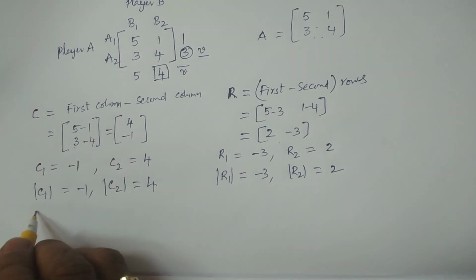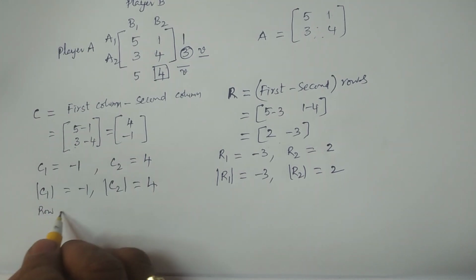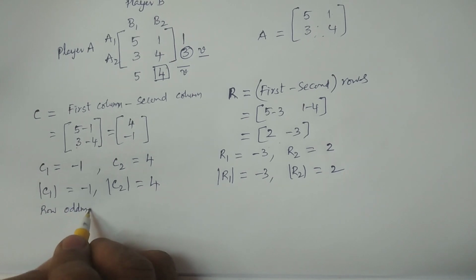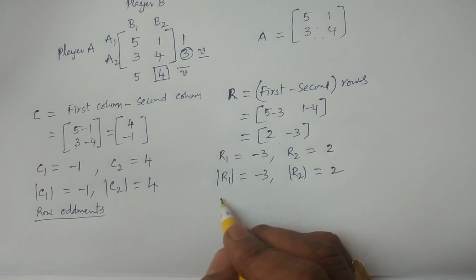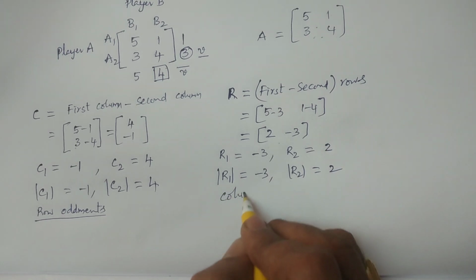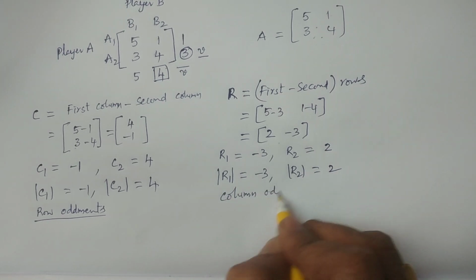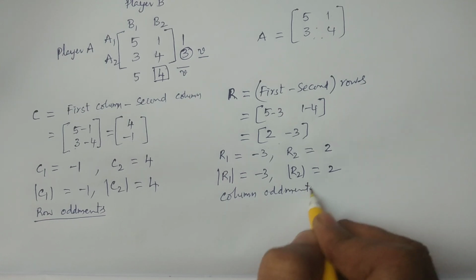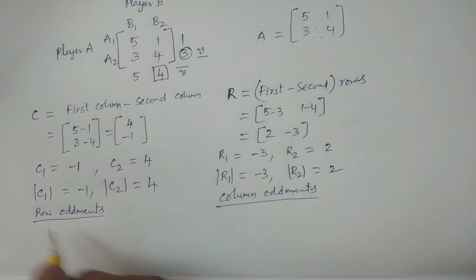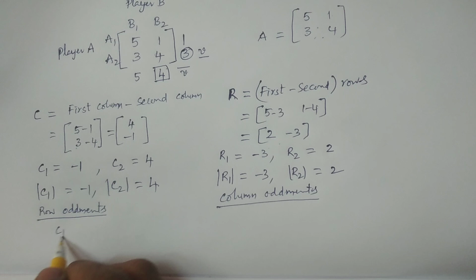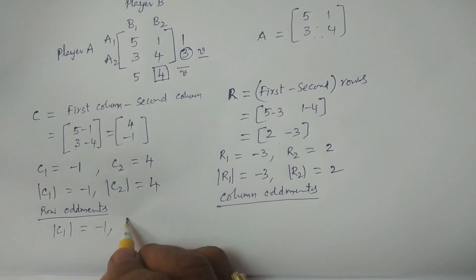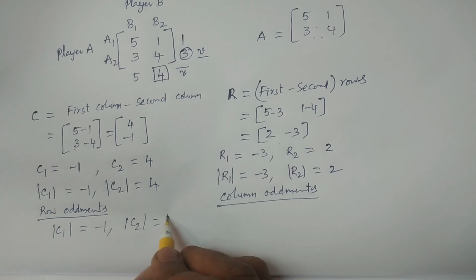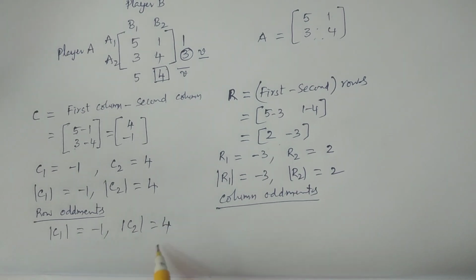From C you will get the row oddments, and from R you will get the column oddments. The row oddments are the determinant of C1, which is -1, and the determinant of C2, which is 4.